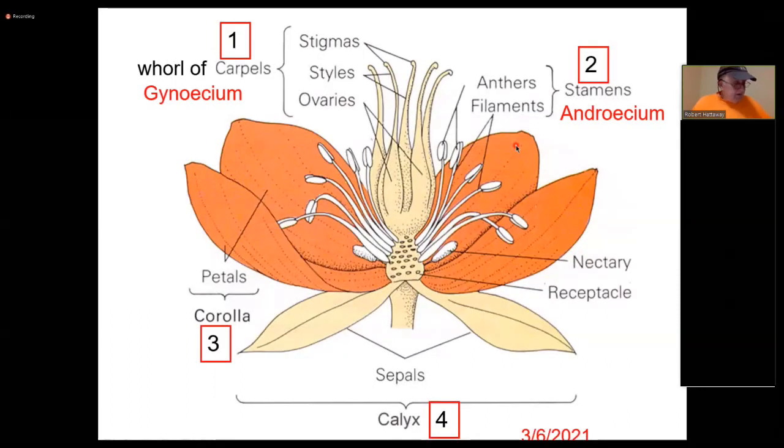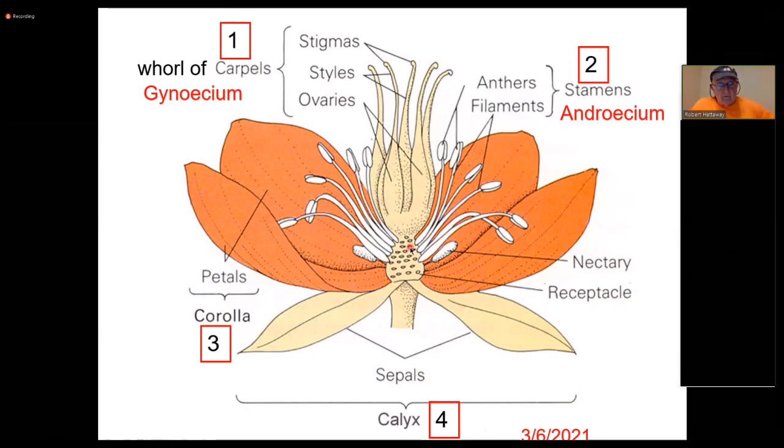Now, I like this diagram a lot because it shows, when we look at these other diagrams we just finished, and we use the term whorl, W-H-O-R-L, when you have one of these in the center, it doesn't look like a whorl.